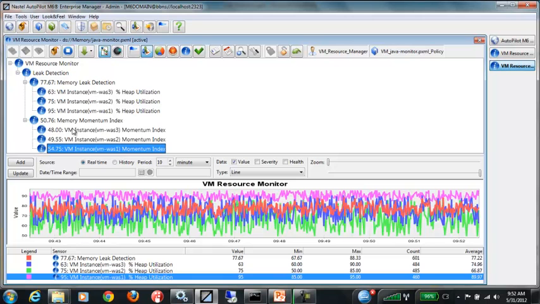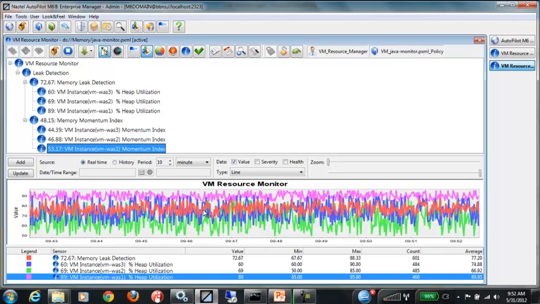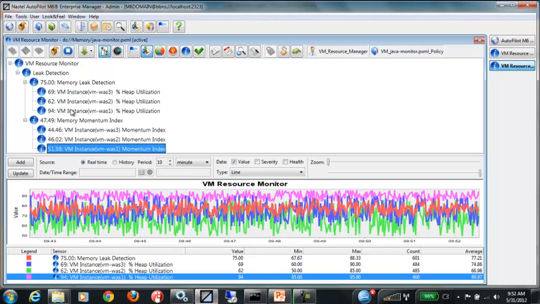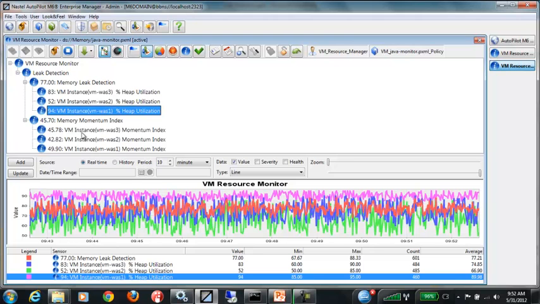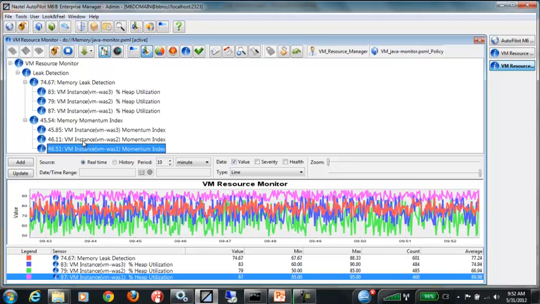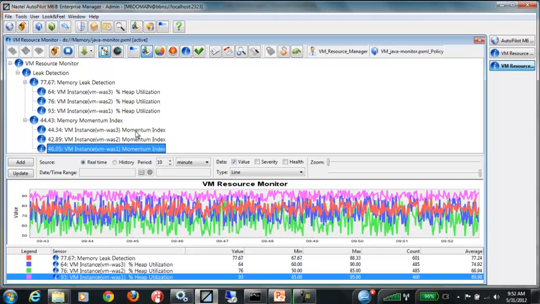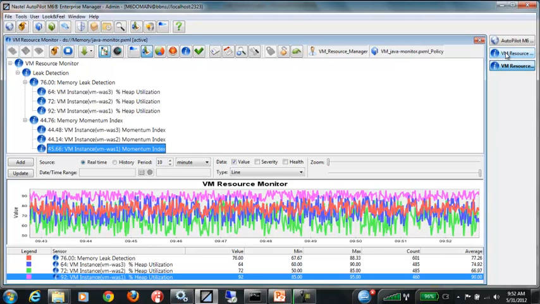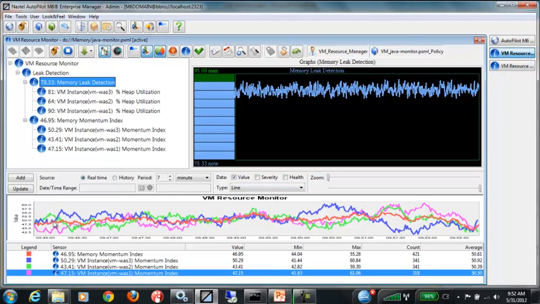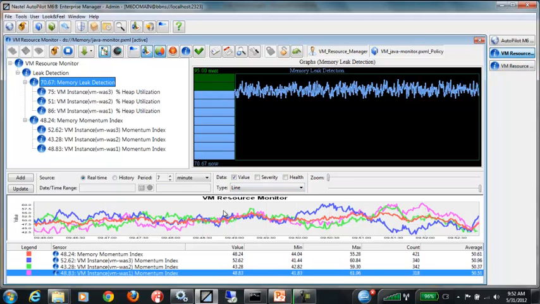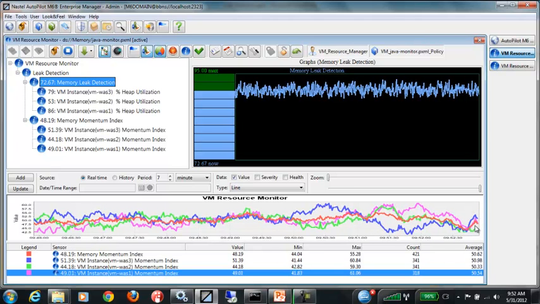However, their relative oscillators are all around the 50 range. What it's telling us is that even though some of these JVMs are running at fairly high memory utilization, they're not exhibiting leaky type behavior. If we plot the oscillator itself, we find that most of these oscillators are consistently around the 40 to 50 mark.